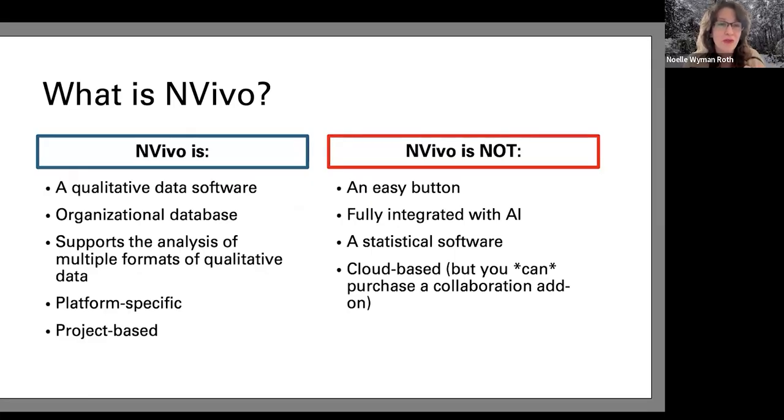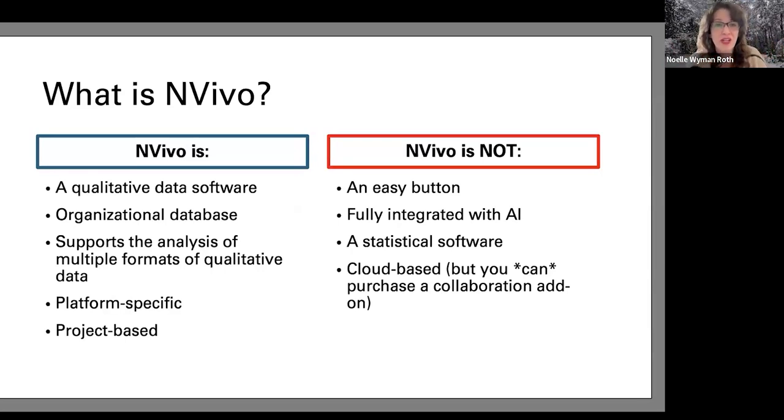In NVivo, really what it is, is an organizational database that allows you to bring together multiple kinds of data and analyze them using codes, so that you can interpret the data on the back end, right? So you then put it back together, synthesize and interpret and write up your findings. And organization is no small feat, but we as the humans have to do the analysis part. We're the ones who break it apart and decide how it goes back together.